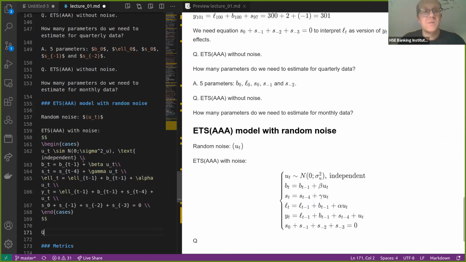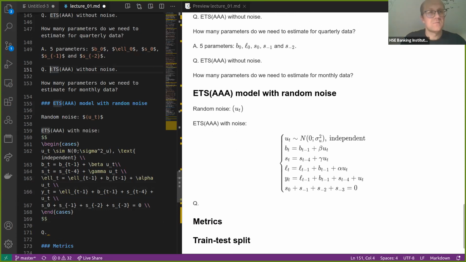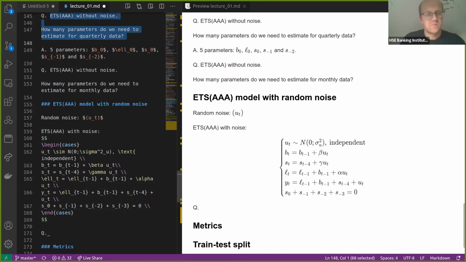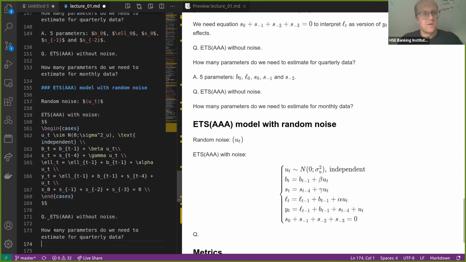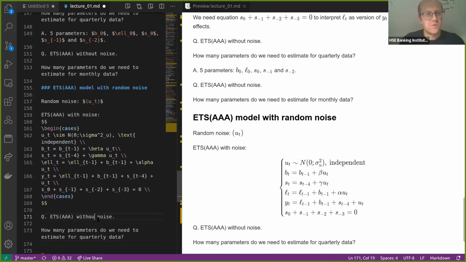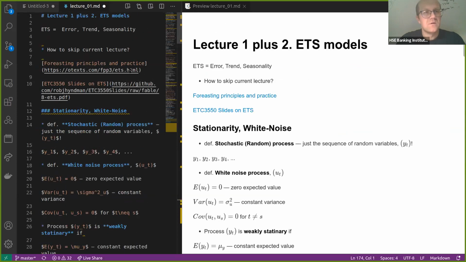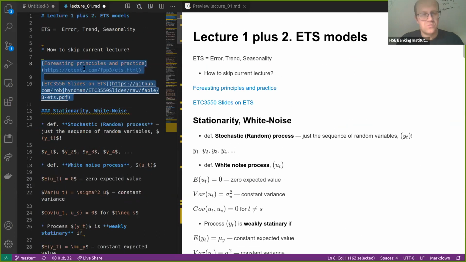So my small question before a break, how many parameters do we need to estimate in a standard, classical ETS model? I will just provide you the full text.